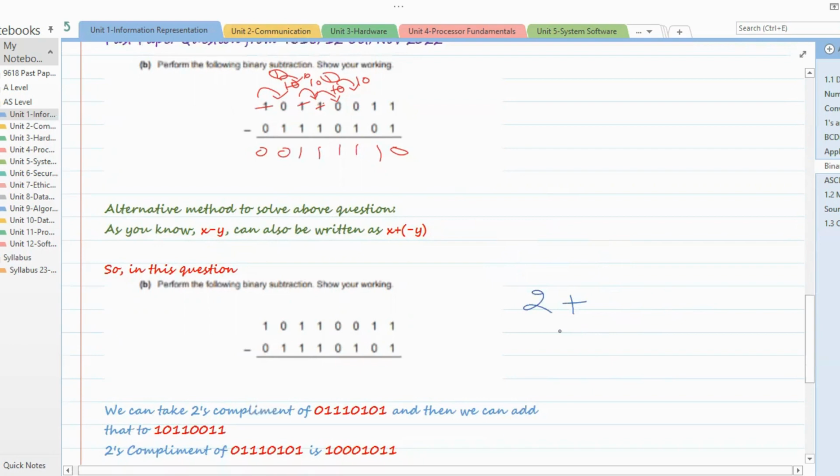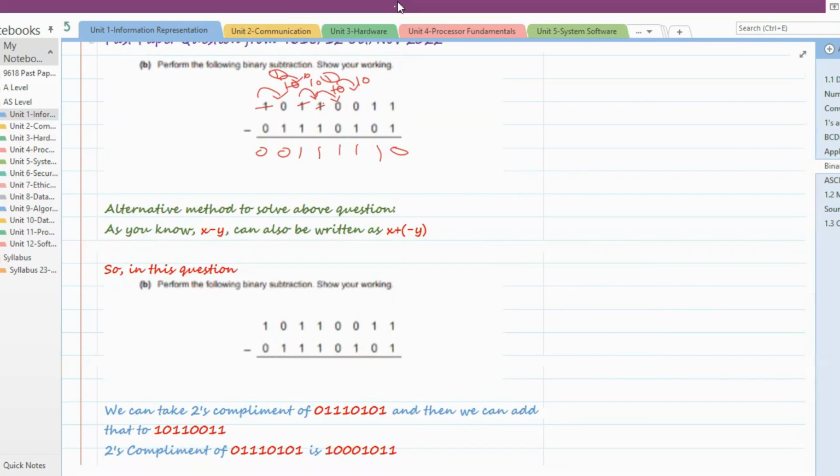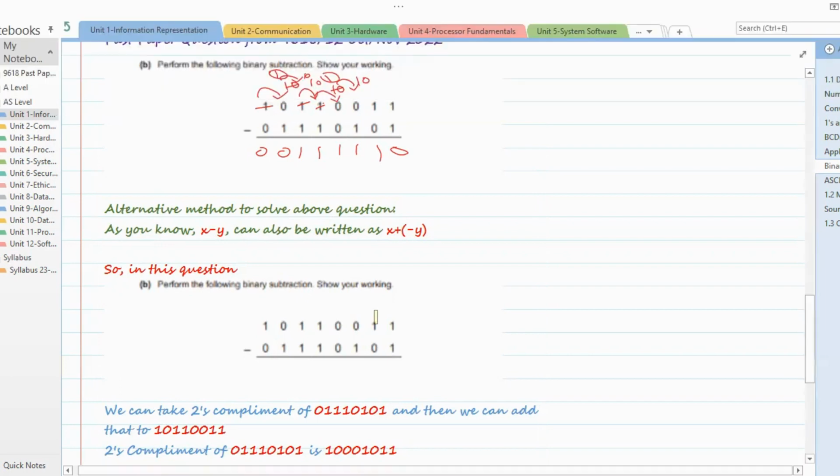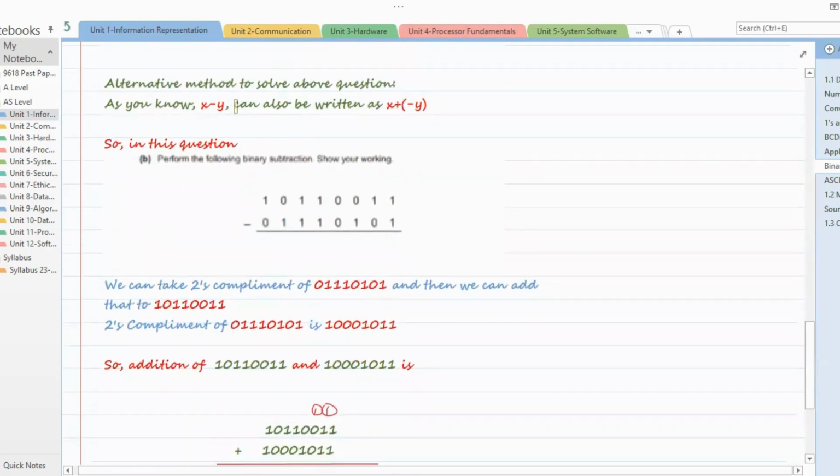The answer will be the same, right? So that is what I have written here. So there is an alternative method to perform subtraction. Instead of performing subtraction this way, we can also perform subtraction with an alternative method. So what is that alternative method?